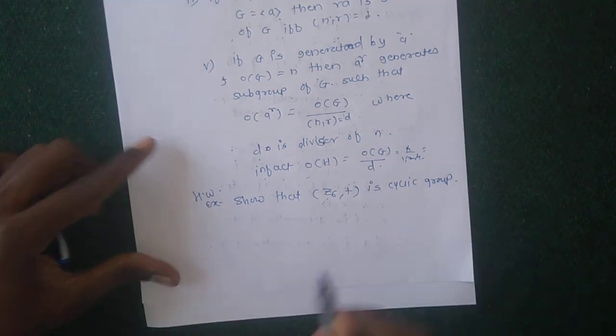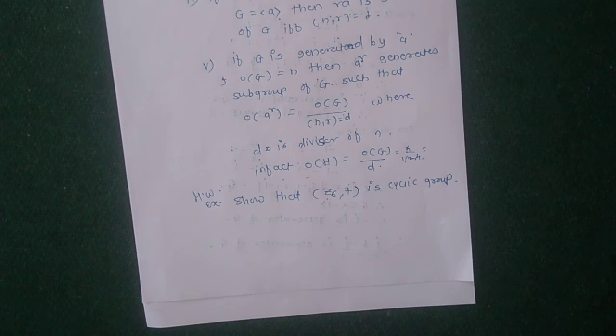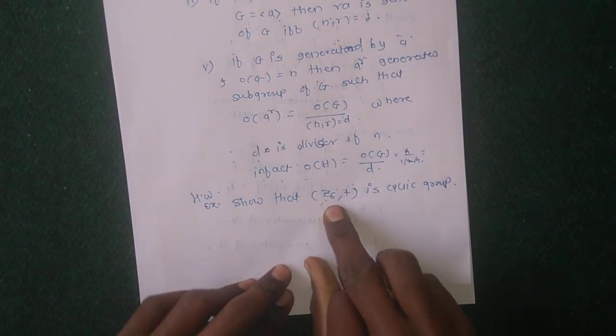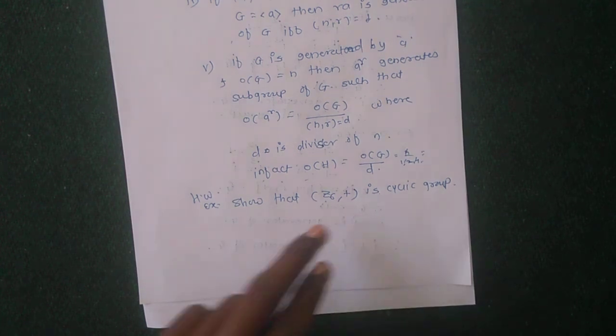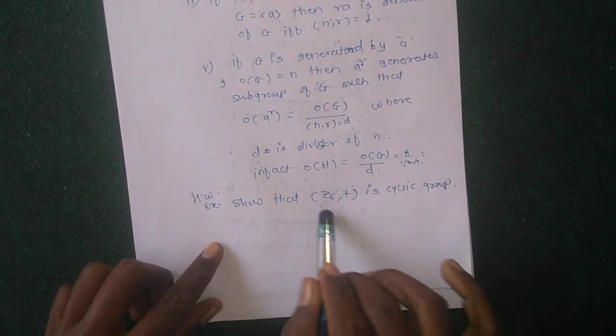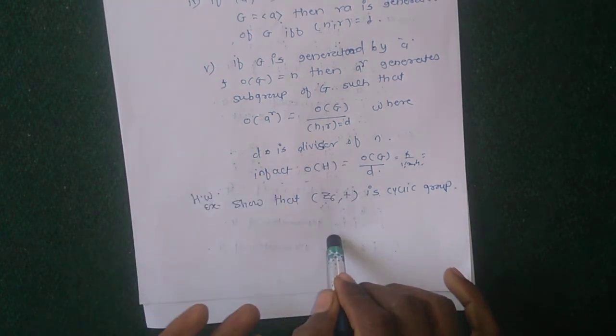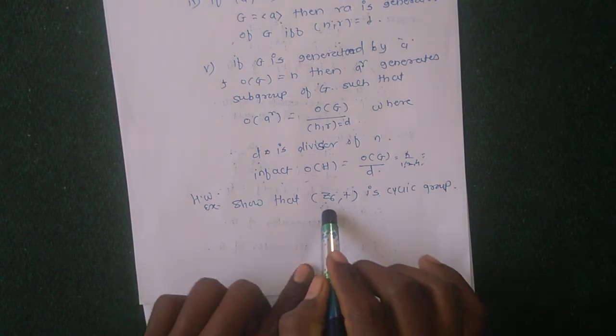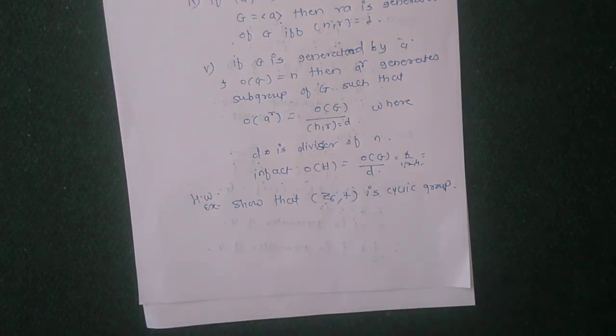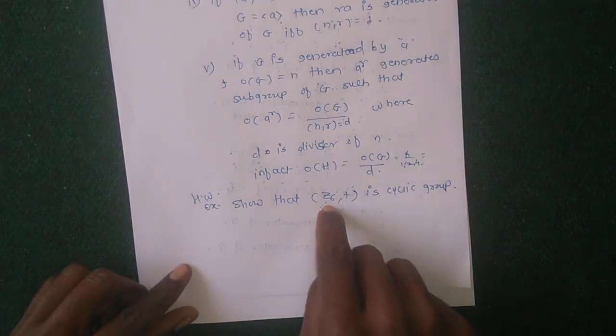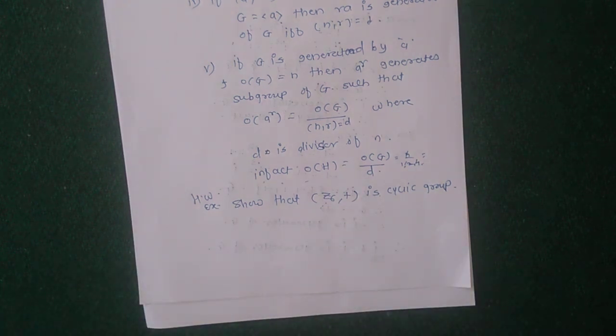Z6 is a group with respect to addition. So choosing an element A from the elements of Z6 and multiplying by n, that is 0, 1, 2 and so on, the generated values equal the elements of Z6. Therefore Z6 is a cyclic group.